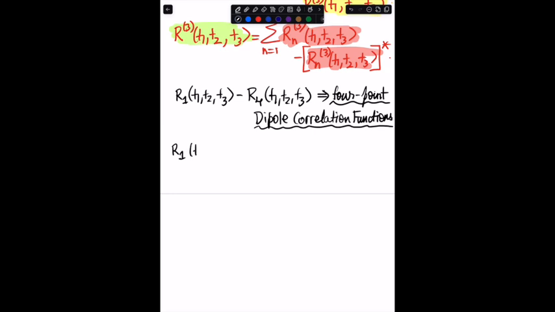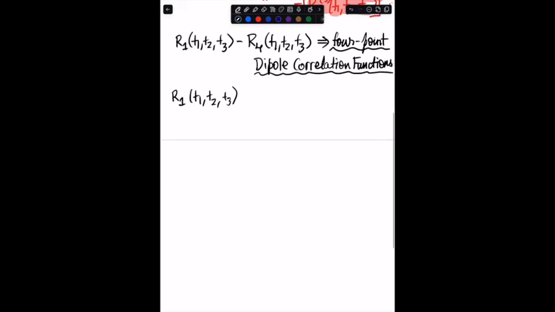As a recap, let us rewrite or jot down the structure of R1 through R4. And R1 takes on the following structure when you construct your coherence transfer pathway or your double-sided Feynman diagram, where your first interaction is on the ket side, second is on the bra side, third one is on the bra side, and the emission of the signal field is always from the left of the ket side. So you take a trace, and then you have your equilibrium density operator, denoted by rho equilibrium or previously by rho 0. And then the first interaction acts on the ket side, so mu 0 acts from here.